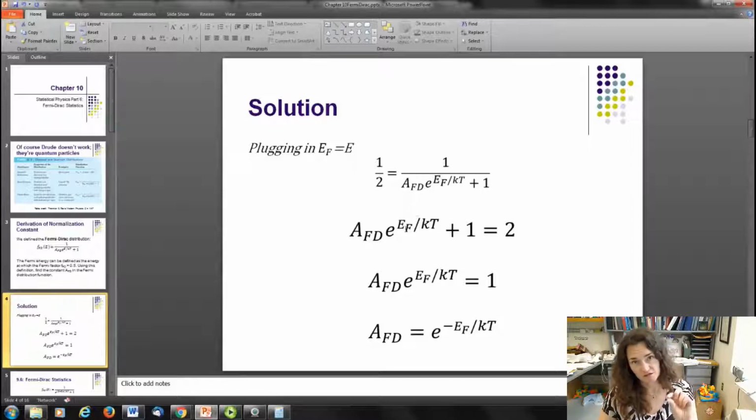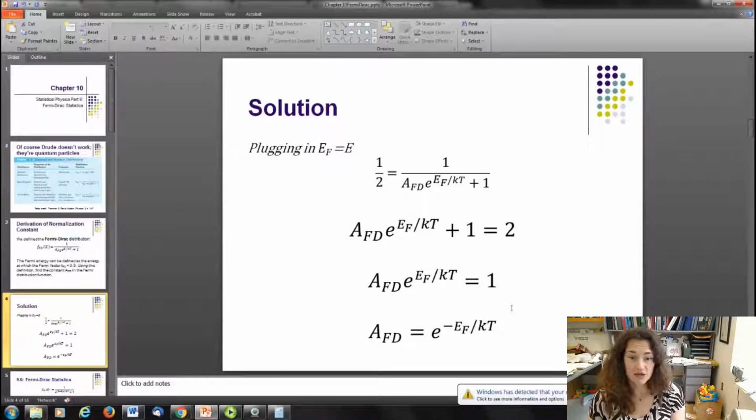I can take the inverse of both sides and see that the normalization constant e to the E_F over kT plus 1 equals 2. Then subtract 1 from both sides, and I can solve for my normalization constant: it is e to the minus E_F over kT. Okay, so that gives me the value of my normalization constant.